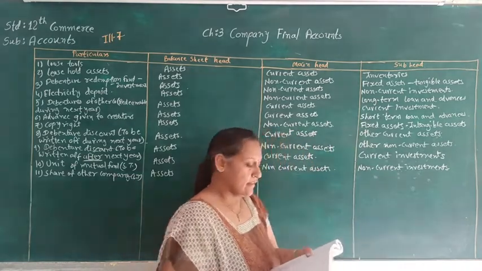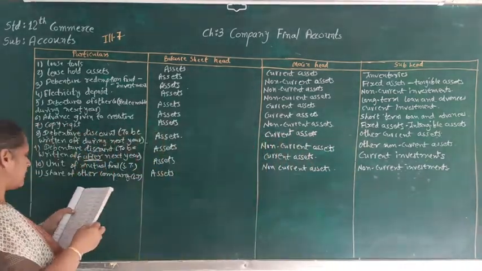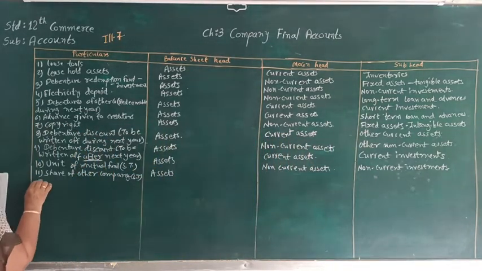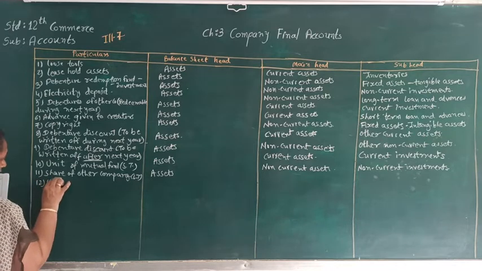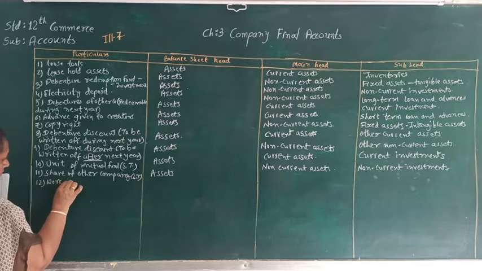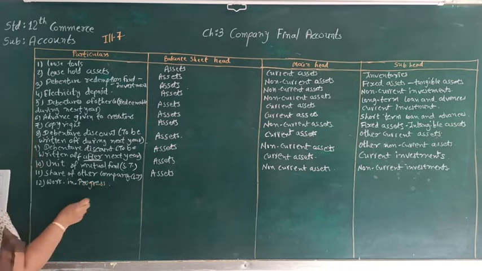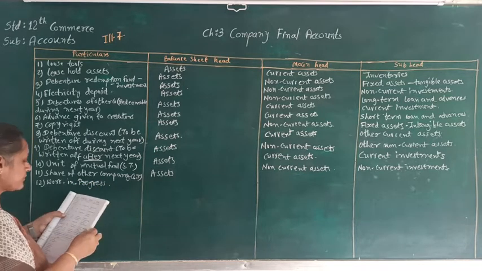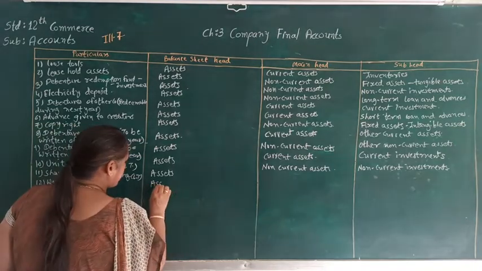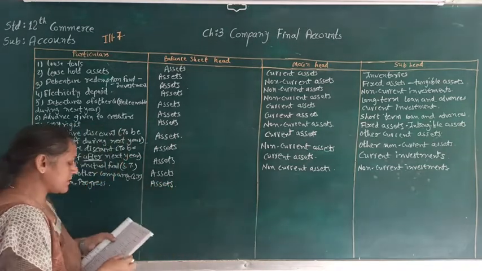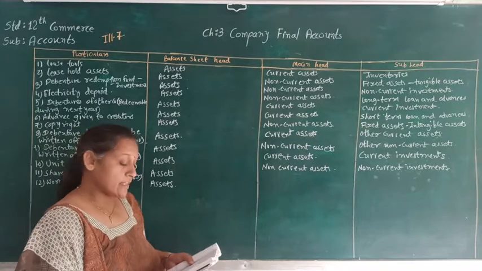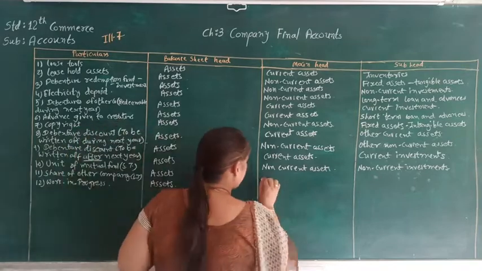After that, let's see the next one, the 12th, work in progress. So here work in progress is an asset, and again we can see that work in progress is a current asset, inventory.